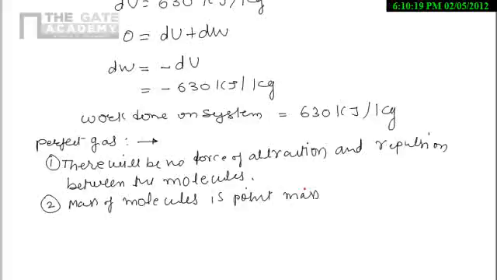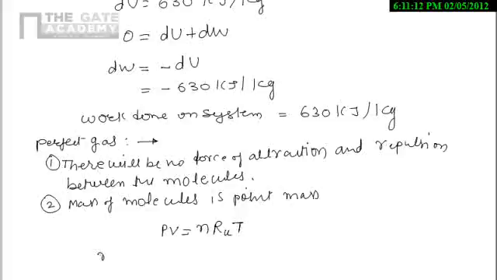So for perfect gas, we have to assume two assumptions. There will be no force of attraction and repulsion between the molecules, and mass of the molecules is point mass. And the equation for perfect gas, PV equals nRT.